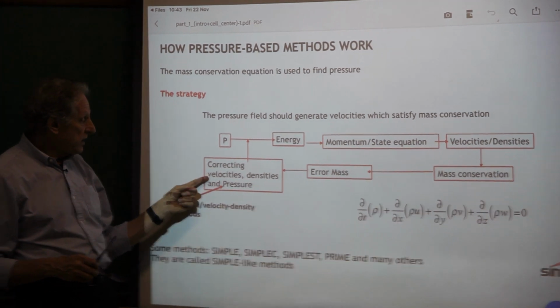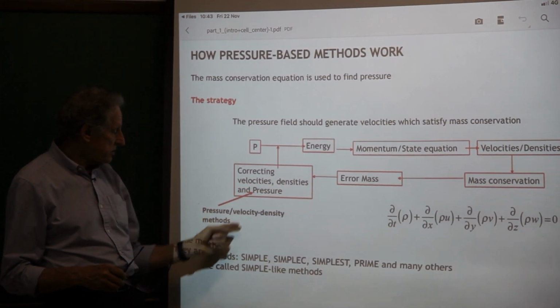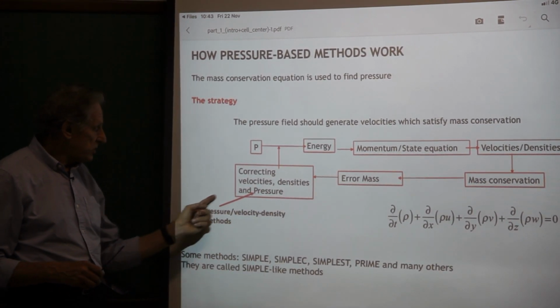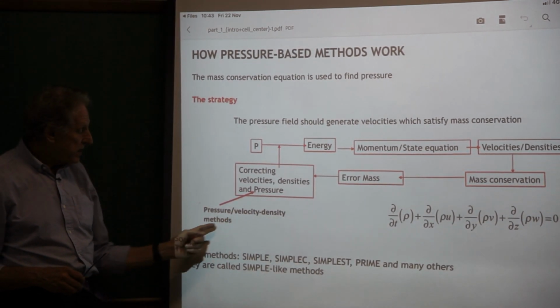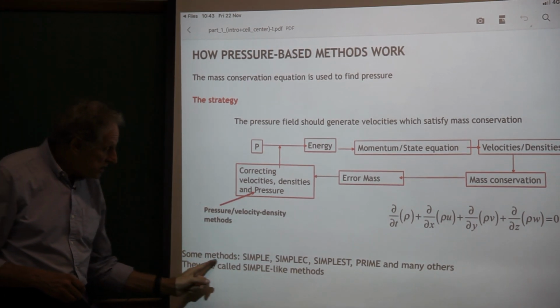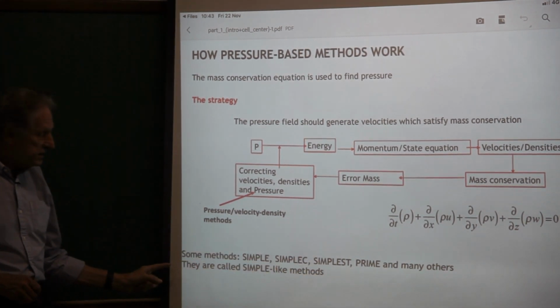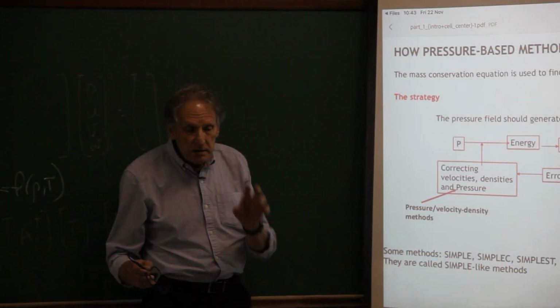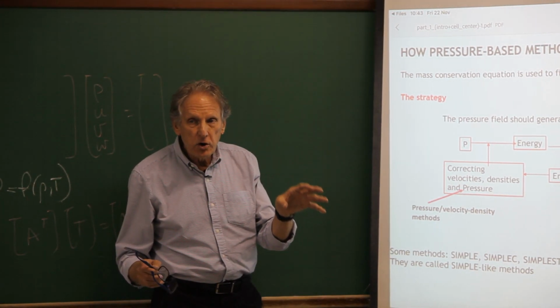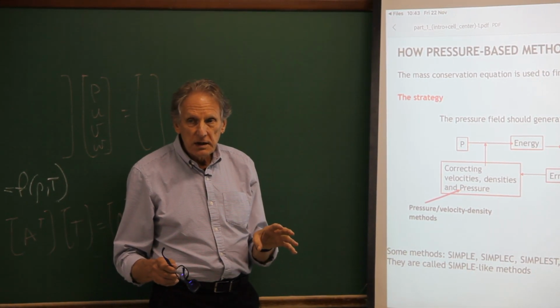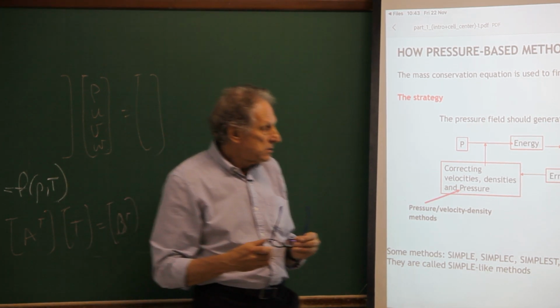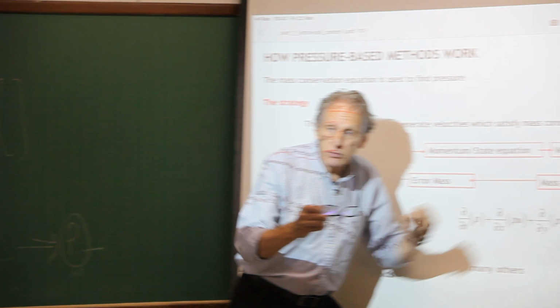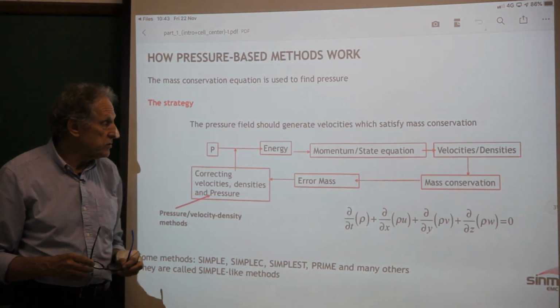And then you correct the velocities and densities with pressure. So here come the pressure velocity density methods. All these methods that I'm writing here, you see many others, were developed for incompressible flows, but they can be adapted for variable density too, so it's compressible.